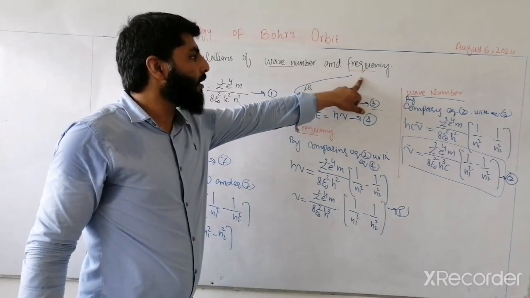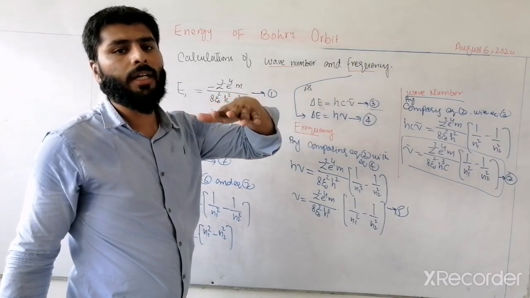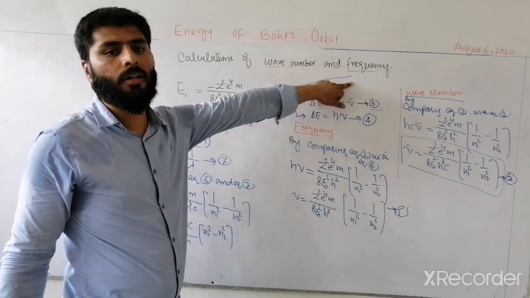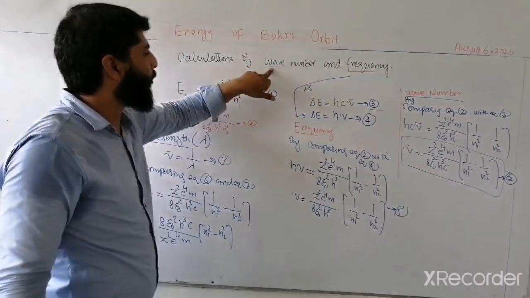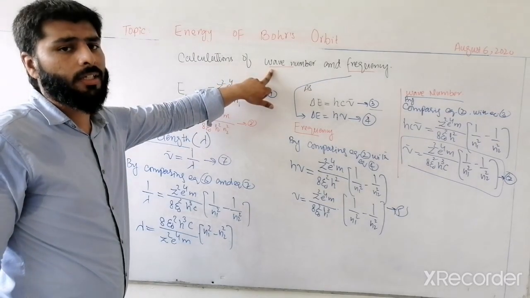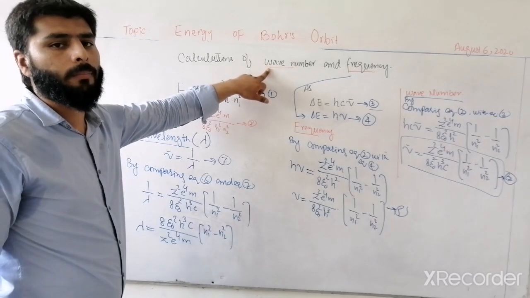What is frequency? Frequency is the number of waves passing through unit area per second, having the unit of hertz or revolutions per second or cycles per second. And wave number is the number of waves passing through a specific area. It is not dependent on time.